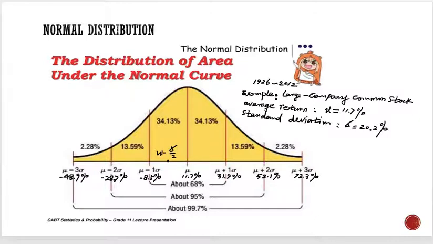We know the standard deviation is 20.2%, so mu minus 10.1 gives us 1.6%. This is the mu. Because we have this percent, this is a very important point.